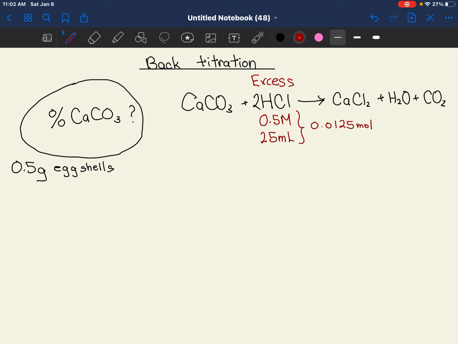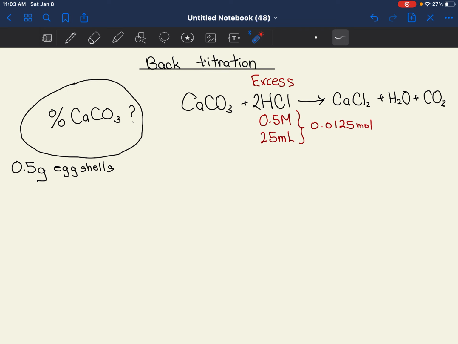Now, that doesn't necessarily mean all of this was used. No. Okay? What we know here is some of this was used because this is in excess. Now, knowing the fact that some of this was used, I want to know how much of it was excess, because you're going to have HCl left over.